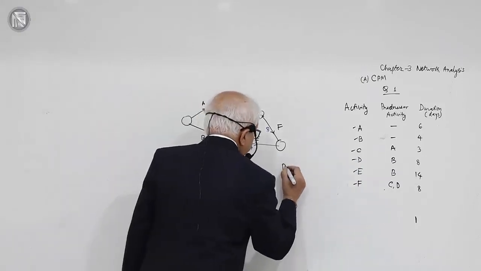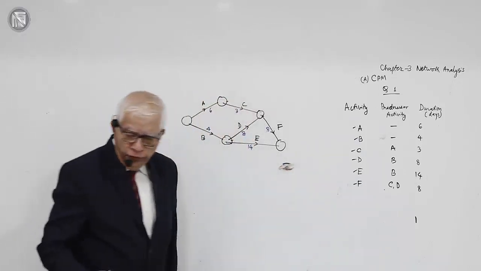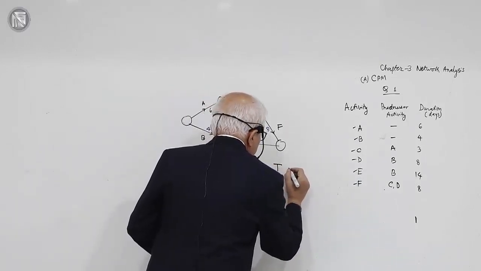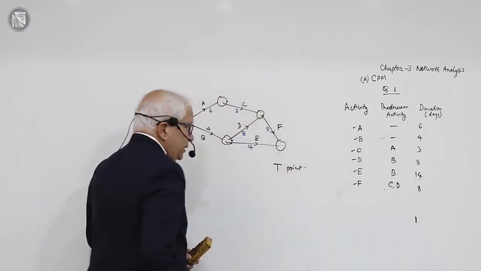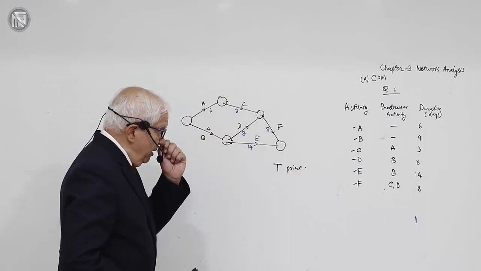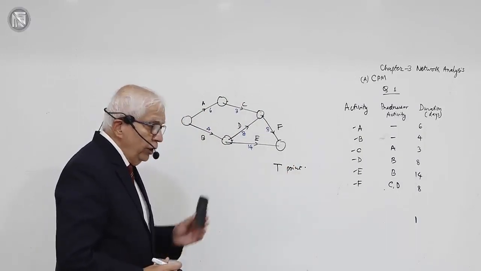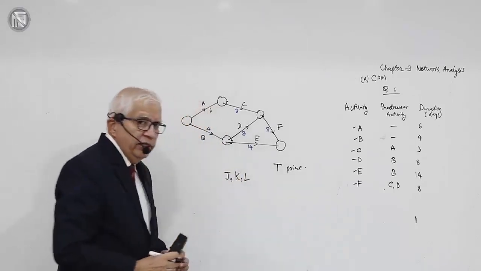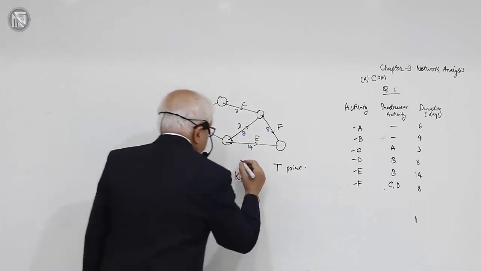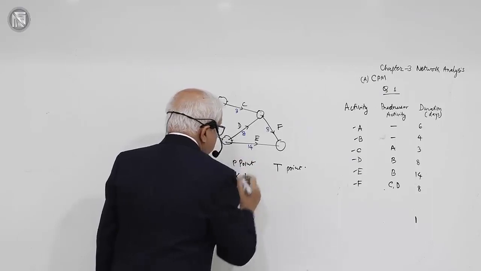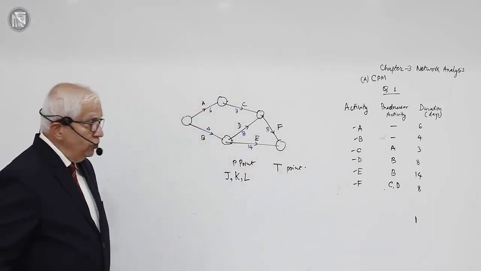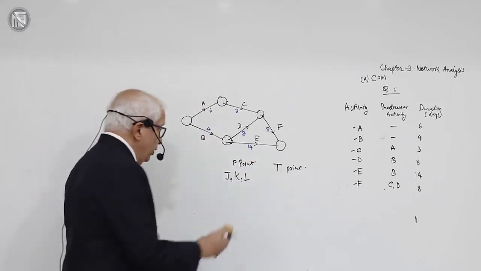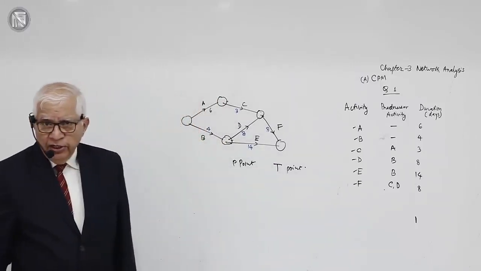I will not confuse it with the names of activities, so let me say at point T there is a meeting, and the names of the teams which are going to go for the meeting are, let's say, J, K and L. These are names of the teams which are traveling from point P to point T. They have to start their journey at P, they have to end their journey at T, and they have to meet at a place called T. The names of the teams are J, K, L.